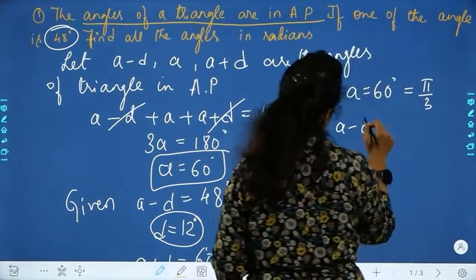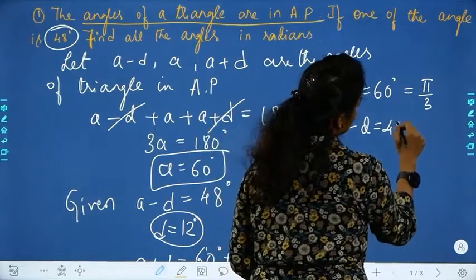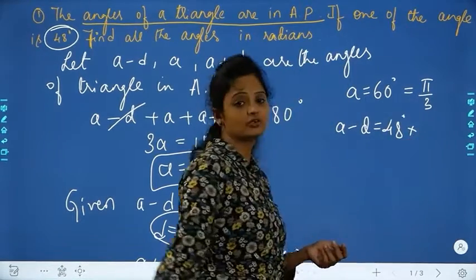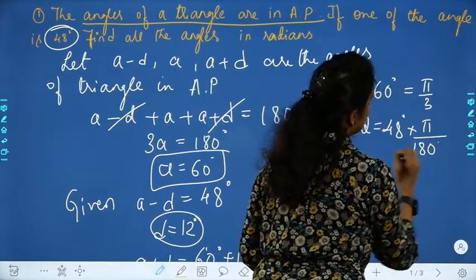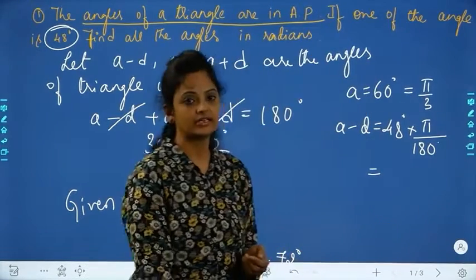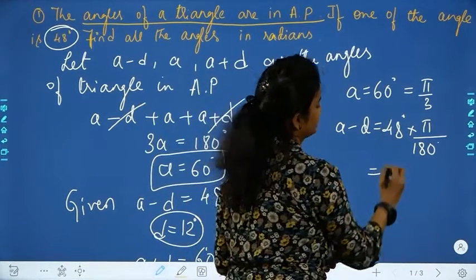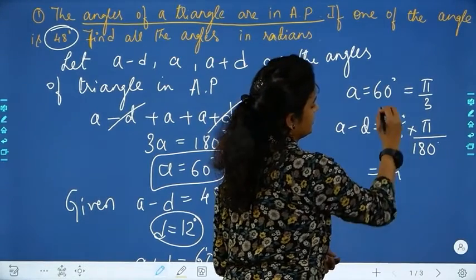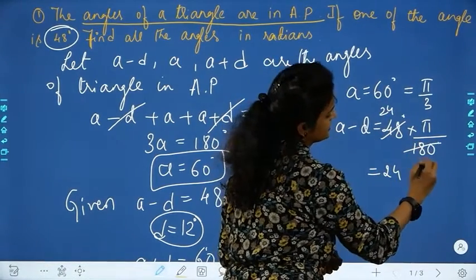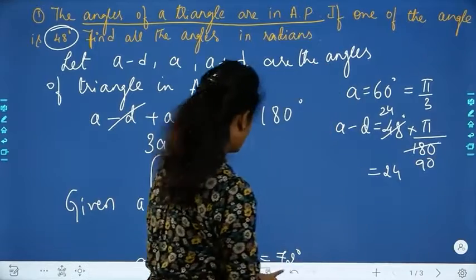A minus D will be 48 degree. 48 degree into pi by 180. Just find out how much you are getting in this. 48 into pi by 180. So from 2, if I cancel, it will be 2 and 4, 24. Here it is 90. Again I can cancel that.